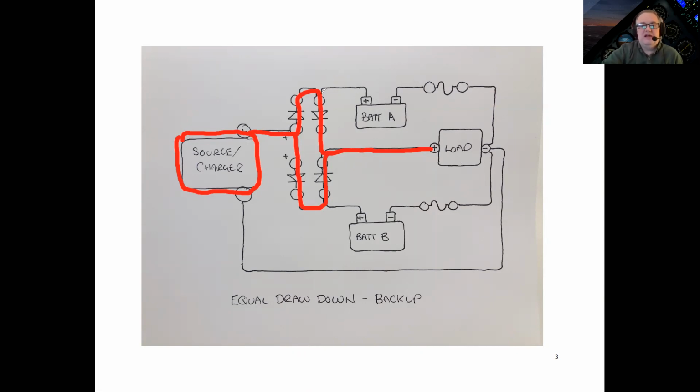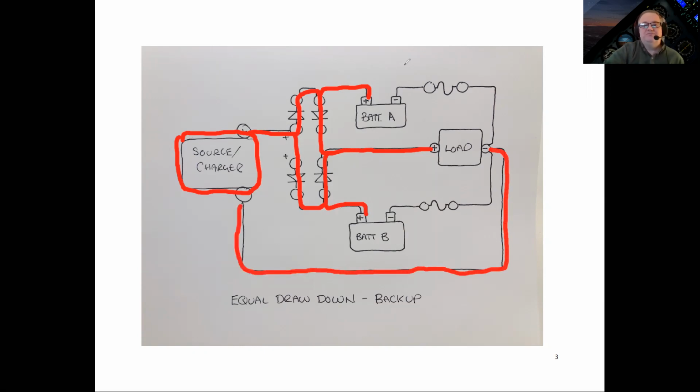Now at the same time, it's making sure that it keeps this battery A and this battery B full. Now, when the source is providing current to the load, and of course, this is coming back to the neutral here. Okay, so there's your source essentially operating the load.